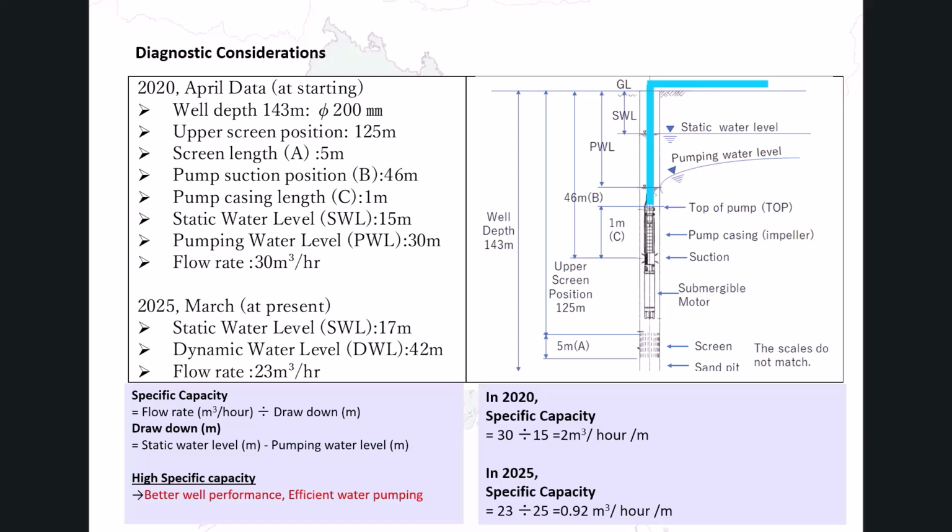Specific capacity is equal to 23 divided by 25, equal to 0.92 cubic meters per hour per meter. The specific capacity has dropped by approximately half, therefore, screen clogging is expected.